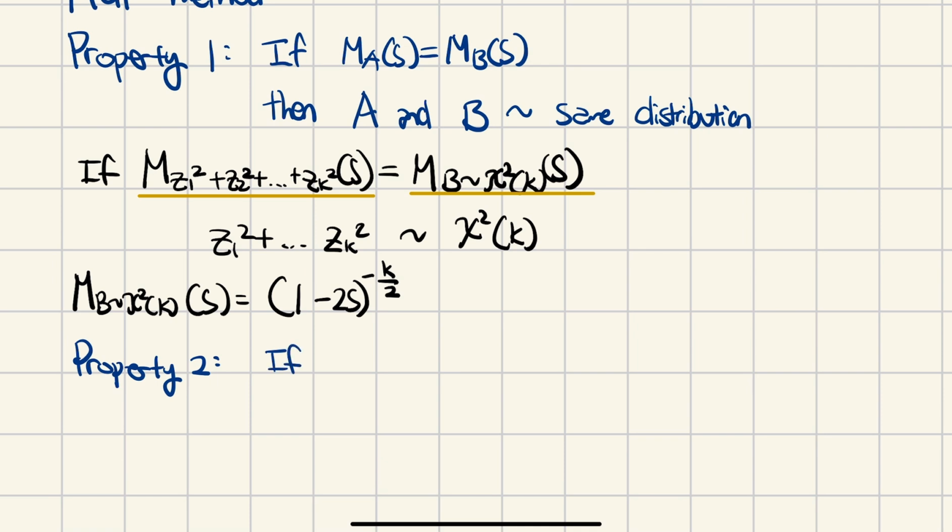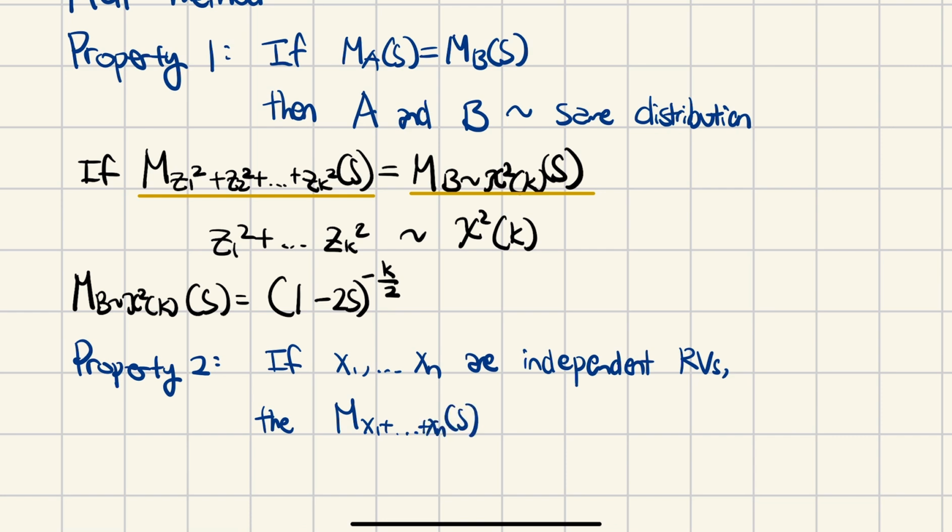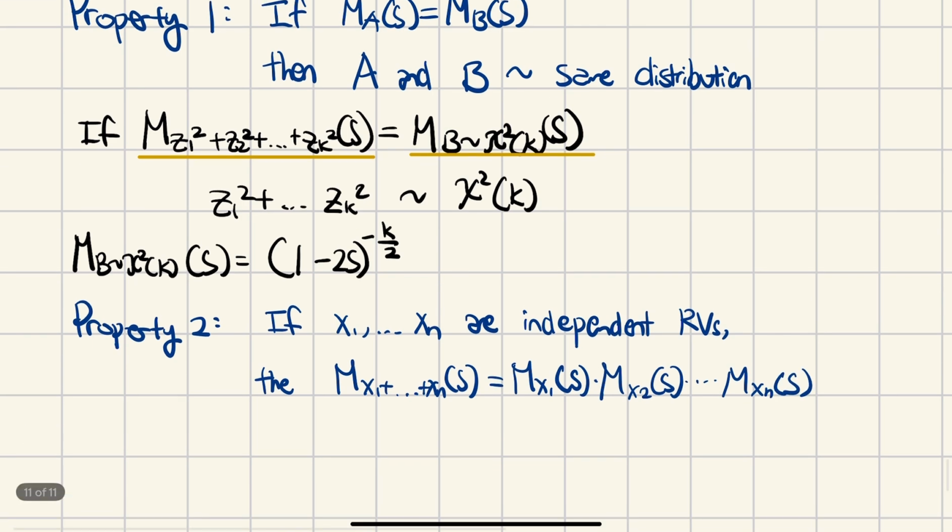If x1 through xn are independent random variables, then the MGF of them added up together equals the MGF of one of them multiplied by the MGF of the next one, etc. Again, I could also prove that in a later video.